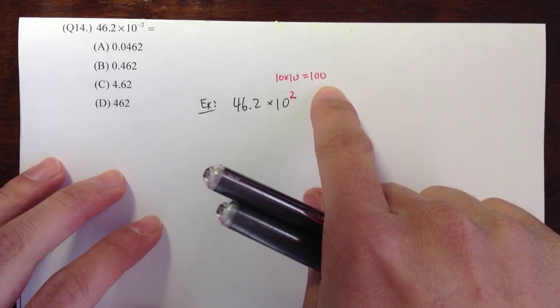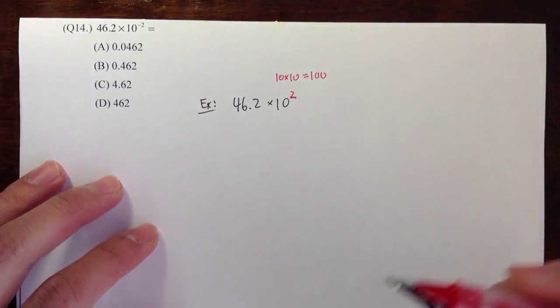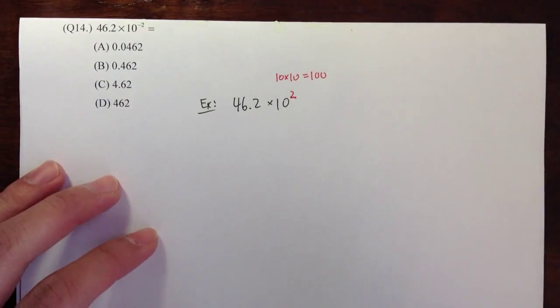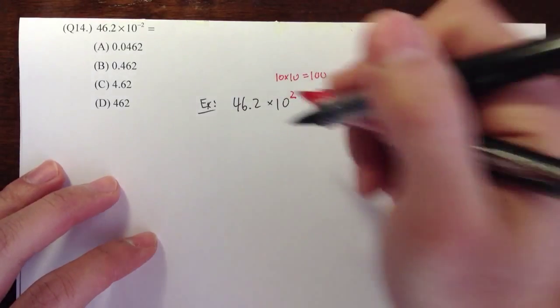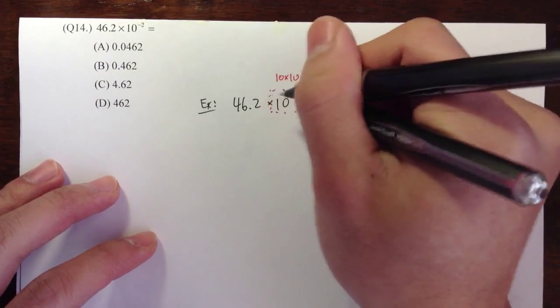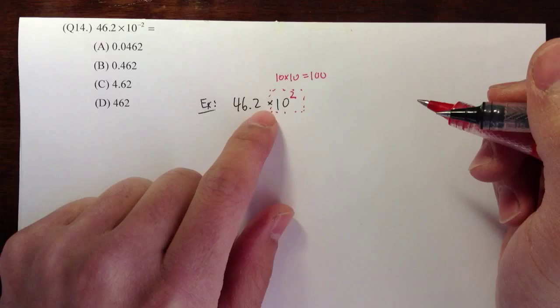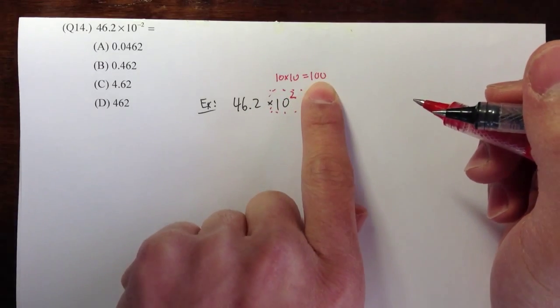Actually, it's pretty easy. We just need to move the decimal point around. We just need to move the decimal point twice to the right. That's all we need to do. So, let me make a note here first. When we are multiplying by 10 to the positive 2, this is the same as multiplying by 100.